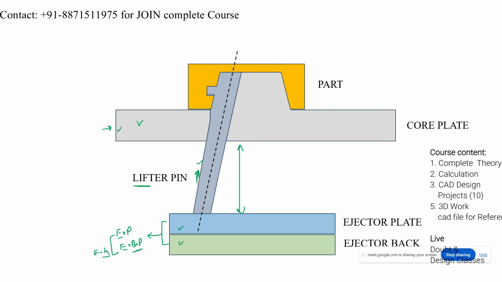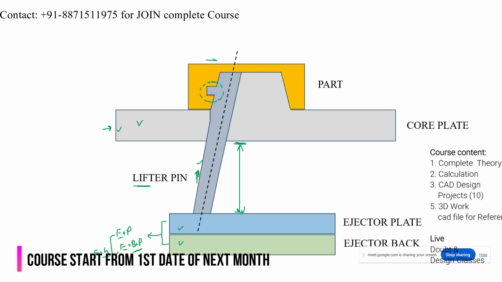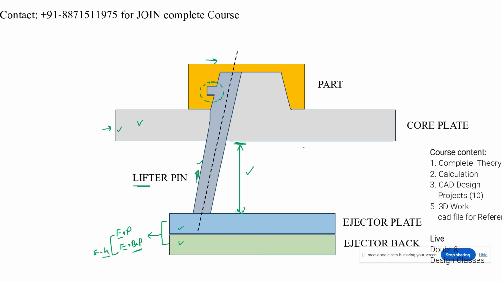Depending upon this length, the ejection stroke is decided, and this movement, which is the horizontal movement, depends upon this distance. Understood?